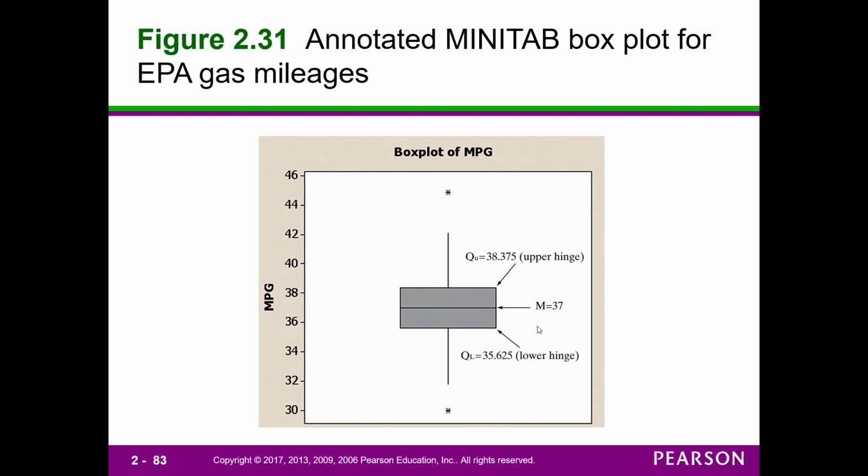Inner fences are located at a distance of 1.5 interquartile ranges from the hinges, that is, 1.5 interquartile ranges from the lower hinge and 1.5 interquartile ranges from the upper hinge.